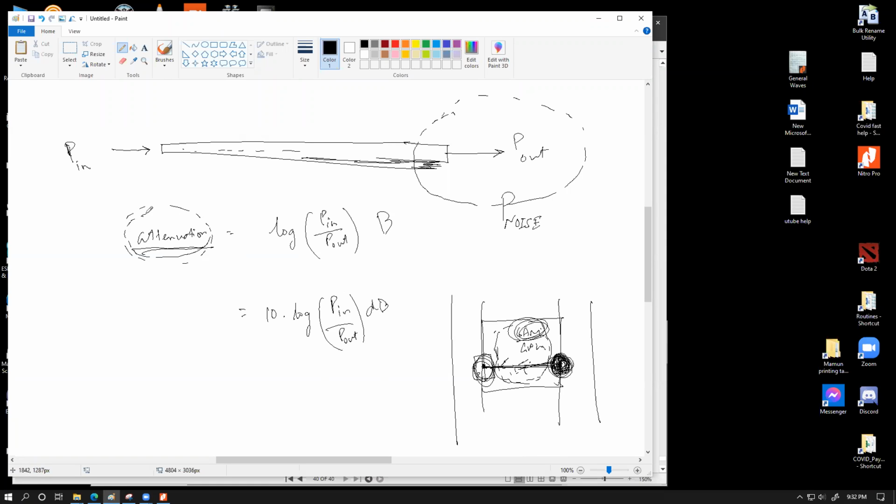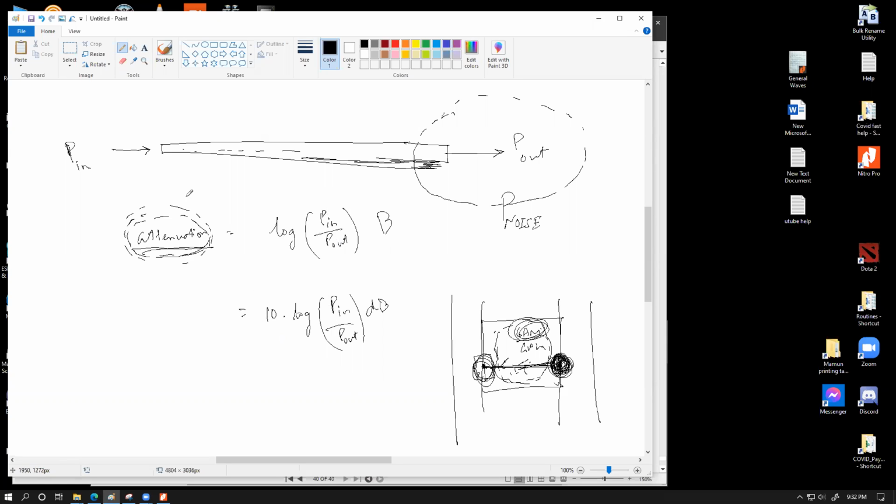You can only get a positive number for this answer if this ratio is bigger than 1. Because if you have a smaller number on the top and a larger number at the bottom, you'd get a negative logarithm. So if you want this whole thing to be positive, you need the numerator to be larger. That's basically it. So you do that and you put that 10 over here, and you get the attenuation part.